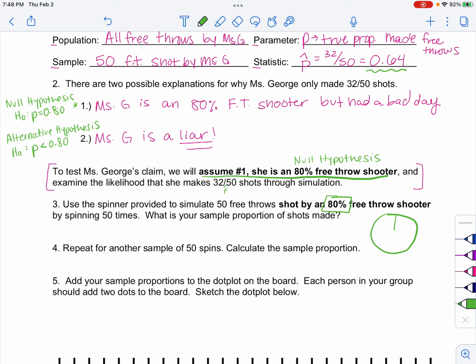So you could just make a 5-section spinner, 1, 2, 3, 4, 5. And we're just going to say that one of them is a miss, and the rest are makes. So that's how you would simulate this, and then you'd spin 50 times.